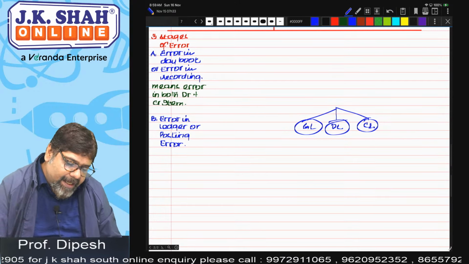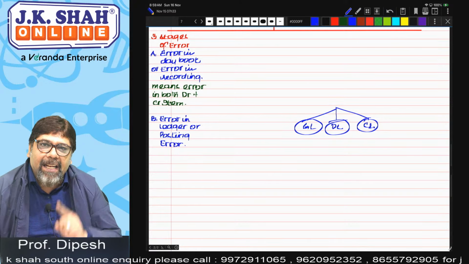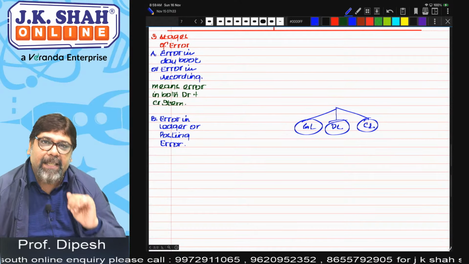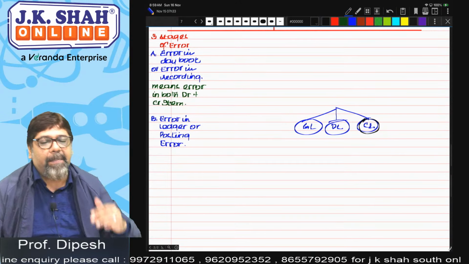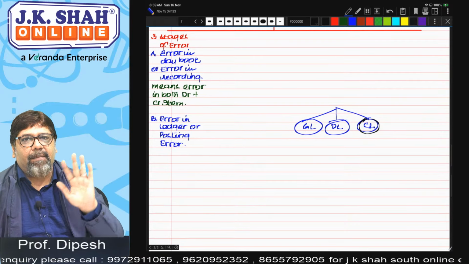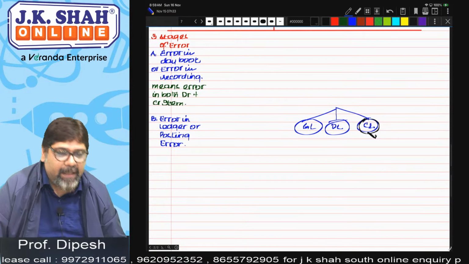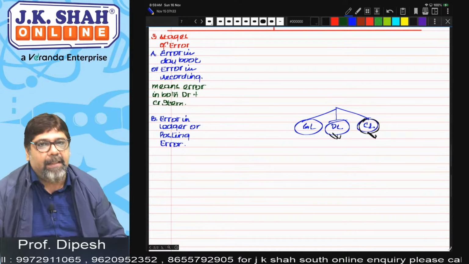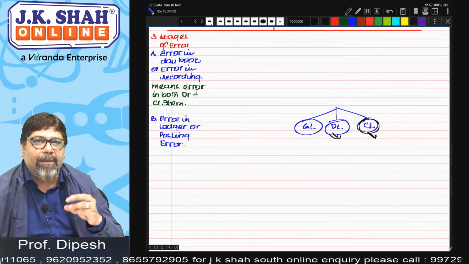If there is an error in any ledger, it means there is an error in the account which is prepared in that ledger. In creditors ledger, we prepare all individual creditors accounts: Ram, Sham, Hari, Ghanshyam account. All individual debtors accounts will be prepared in debtors ledger, that is A's account, B's account, C's account, D's account.